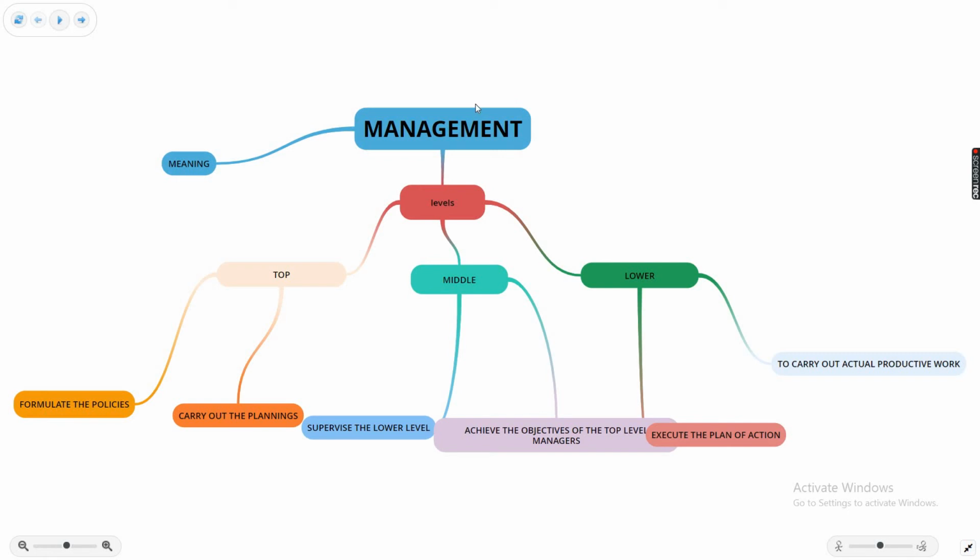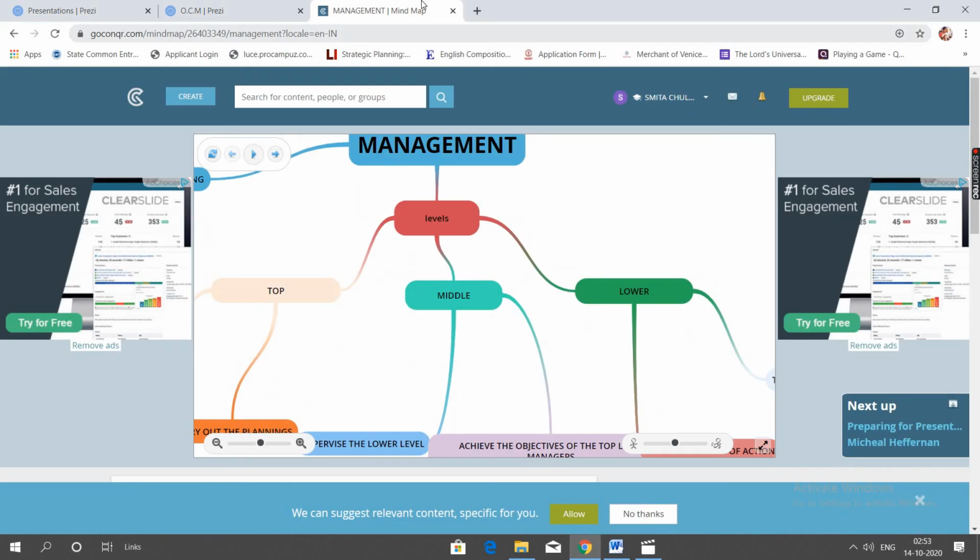Then you will ask what else did you learn, the meaning of management, the levels of management, then which 3 levels. You can pick out students one by one, call out their names and ask them which 3 levels they studied. And then again you have to ask them what are the functions of each level of management, and just go on writing. After the class you may share this board with them so that they could revise it after your class.